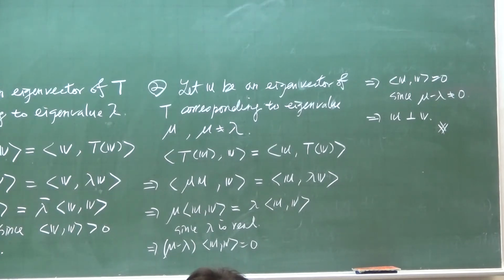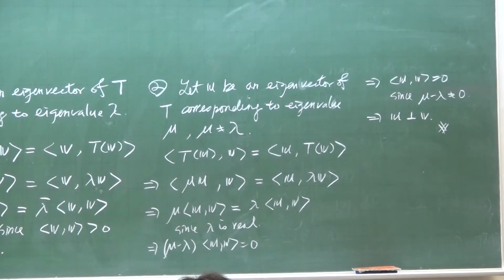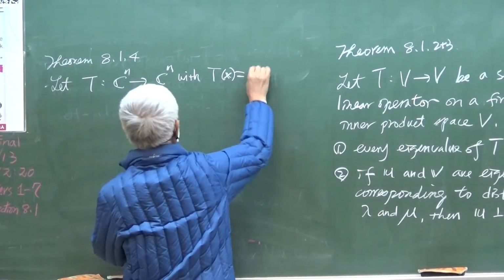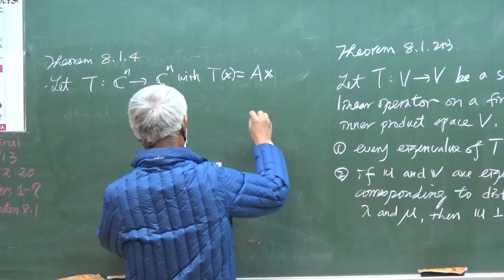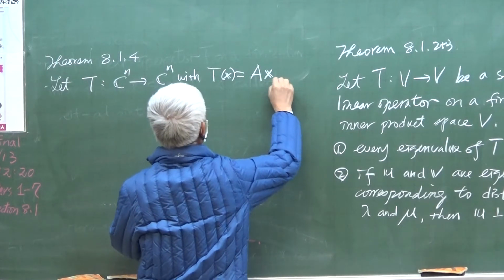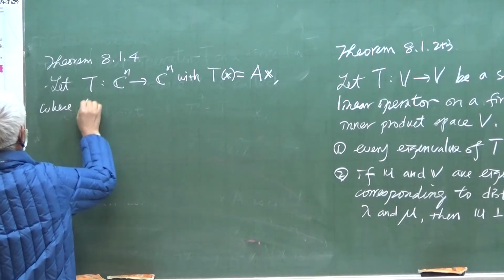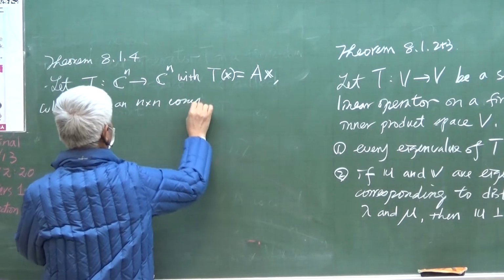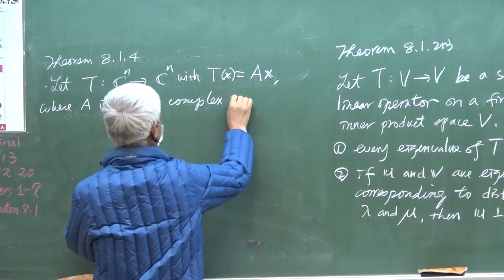Okay, so we have some consequences. Let P be a map from C^n to C^n with P(x) equal to Ax, where A is an n times n complex matrix.